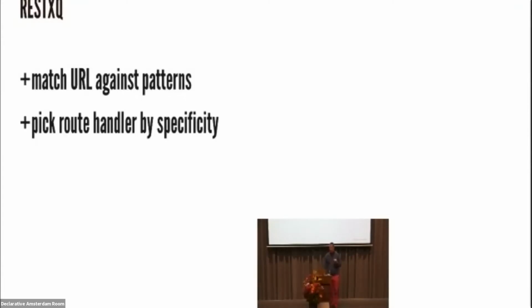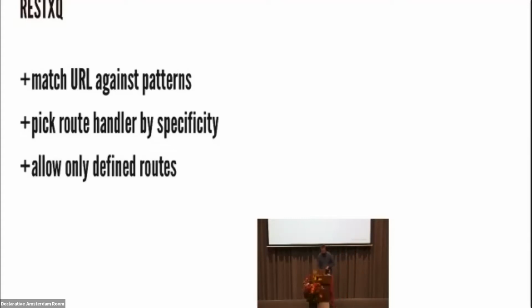And also these routes are picked by specificity. So when you have, for instance, a route that only accepts JSON and you want to post XML to it, then it will not allow that, which is a very good feature. And also only defined routes are allowed.